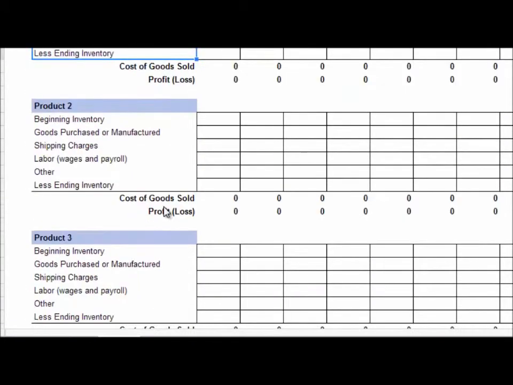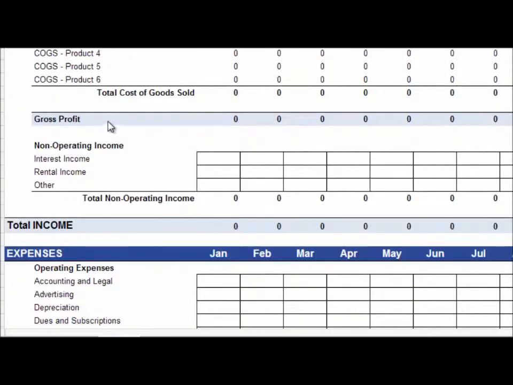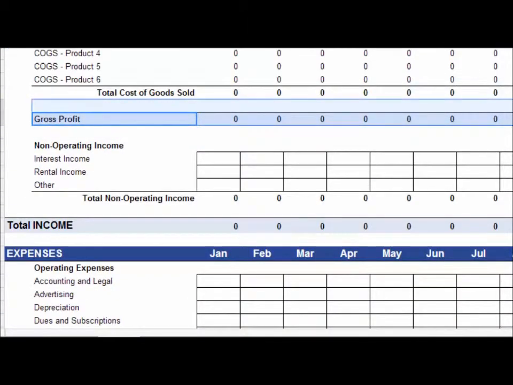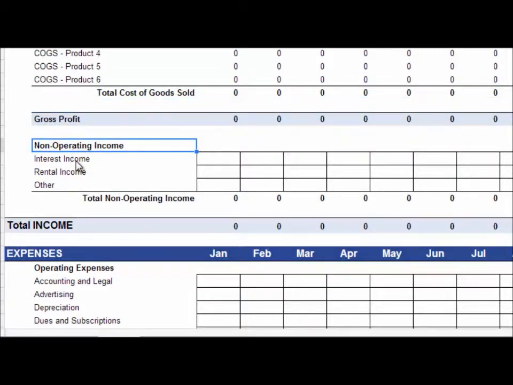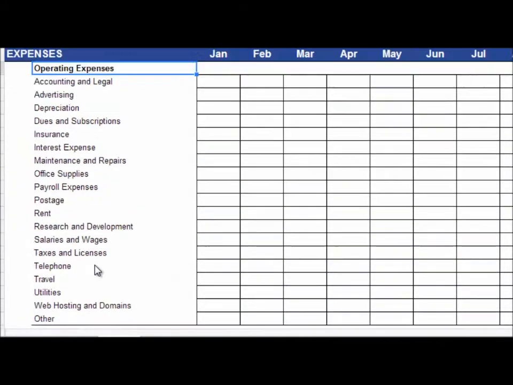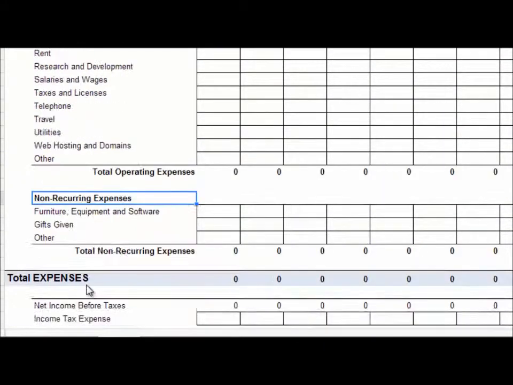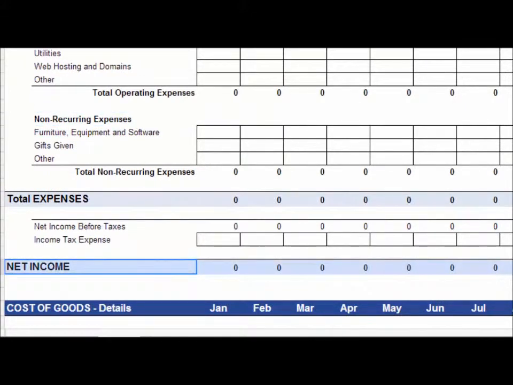The gross profit will be shown here. Similar to services, you insert your non-operating income, operating expenses, and non-recurring expense. The net income will be here. That's about it.